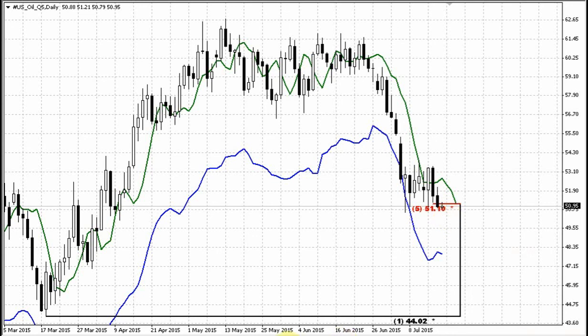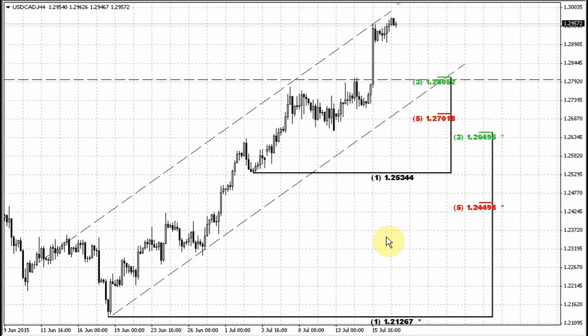Now let's take a look at the 4-hour time frame chart. The Canadian dollar has turned to some upward channel. We think that if any retracement happens, it will hardly be deeper than the 128 even area, because that is the trade support, the lower border of this channel.